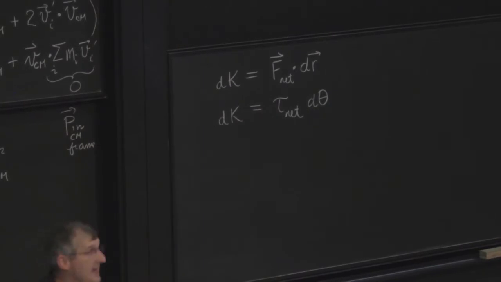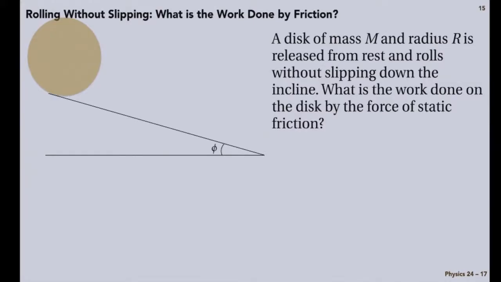So I want to explain why friction doesn't screw up energy conservation as the things roll down. If I just consider this disk of mass m and radius r, and it rolls down the incline, these are the forces on the disk.